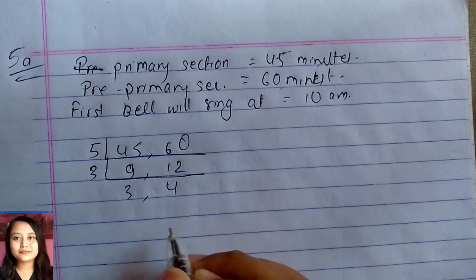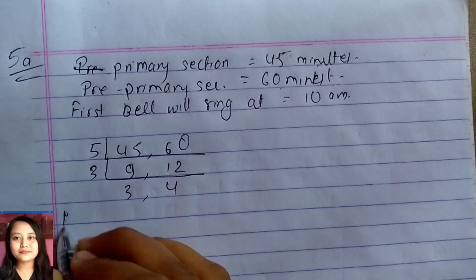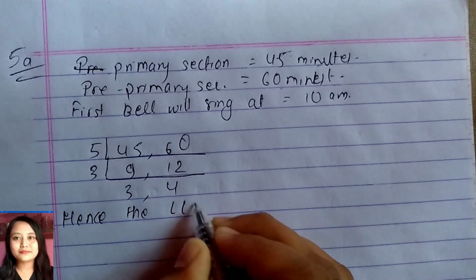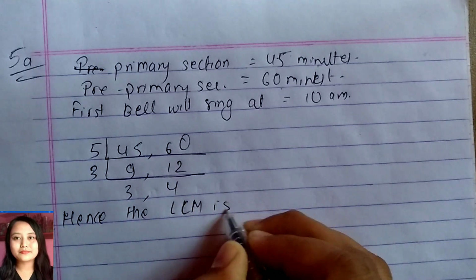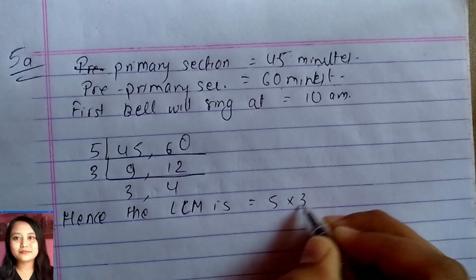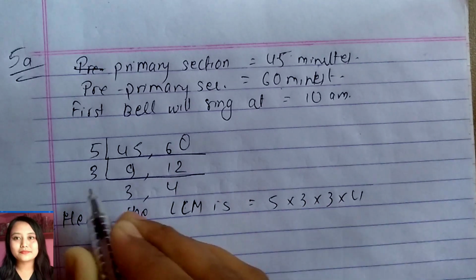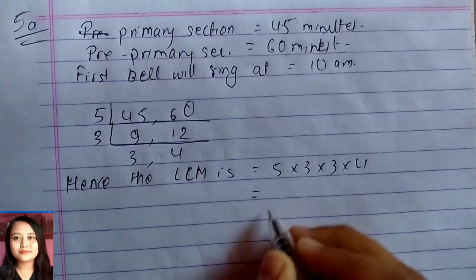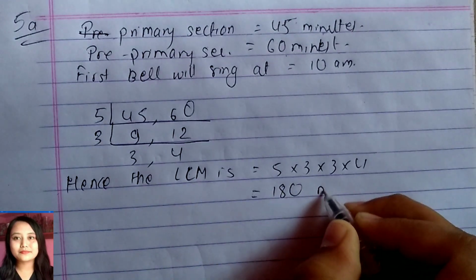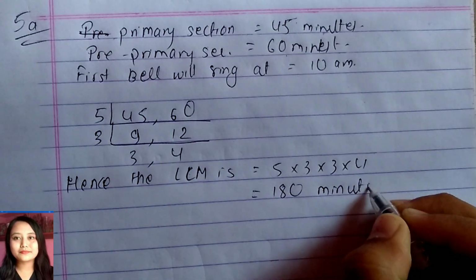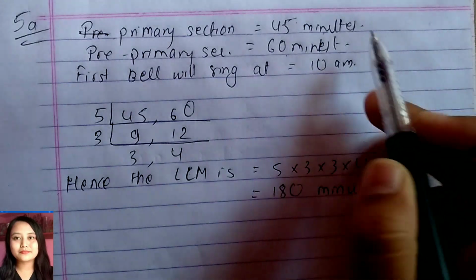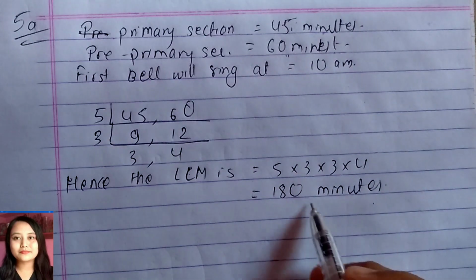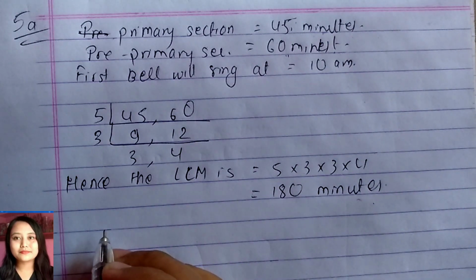So this cannot be further divided, hence the LCM is 5 into 3 into 3 into 4, equals to 180 minutes. Why am I writing minutes here? Because we have used the numbers which were in minutes, right? So here also the unit will be minutes.